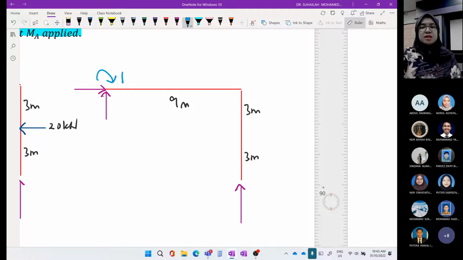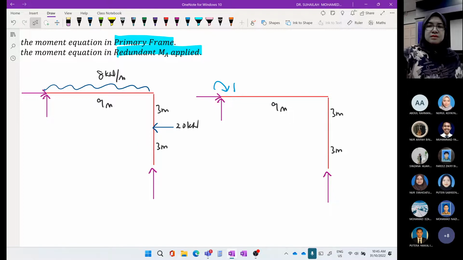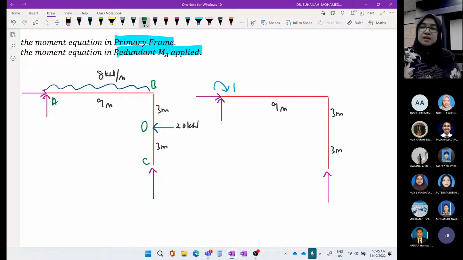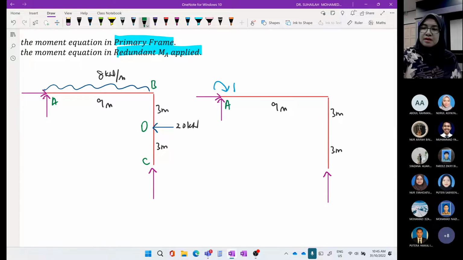A, B, C. For the point load, we have to put another joint, another point D, and remain D in the redundant system. So it will be A, B, C, D.